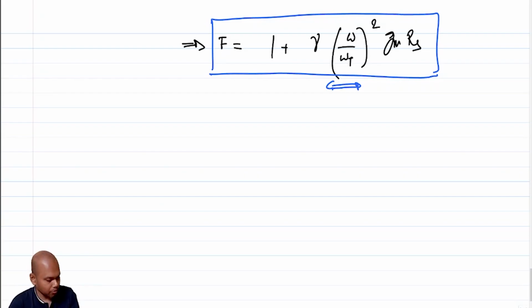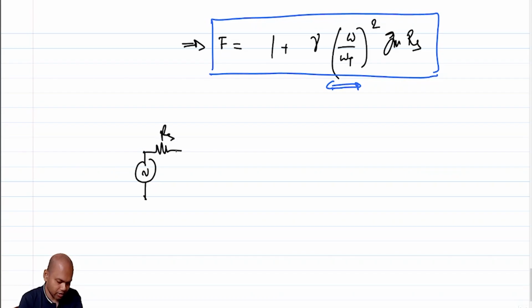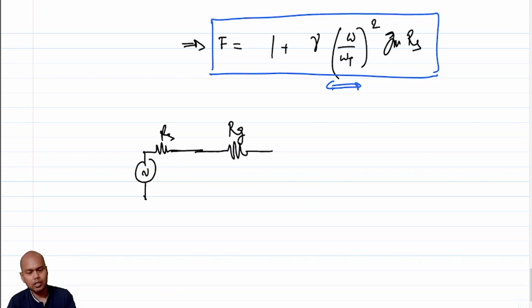Before we move on, there are a couple more things that I should mention. The thing that I have neglected till now is the following. When we have this Rs and we have the transistor, there is also an additional resistance Rg, and the Rg can appear because of not only the polysilicon trace, which we can reduce, but also because of the effective channel noise, that correlated channel noise, and that contributes to the noise at the input, right?